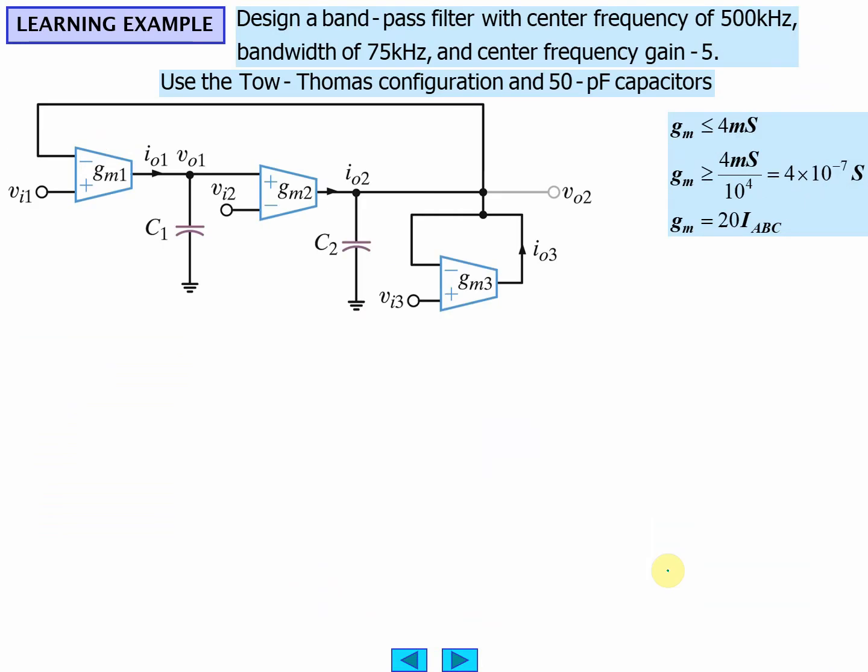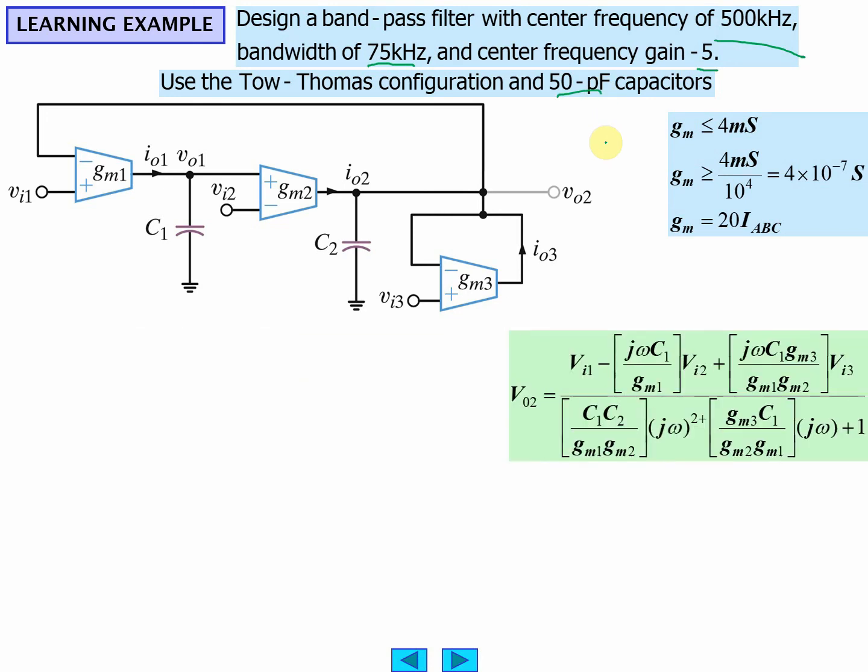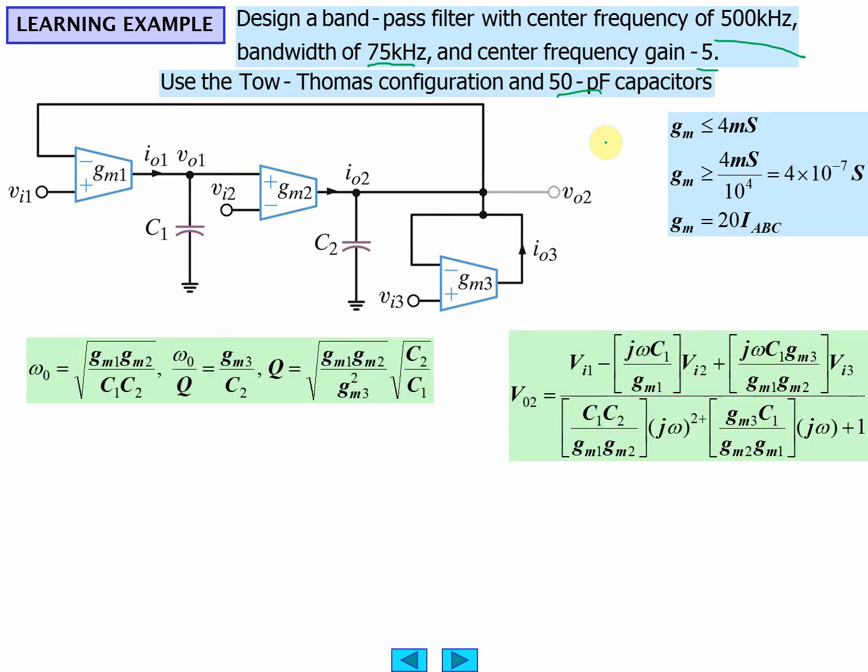So this is a design problem using the previous circuit. They want a band pass, frequency 500 kilohertz. You've got to go back to the equations on the previous slide and figure this out. So you've got all these factors, and center frequency, there we go. This is omega over Q naught.